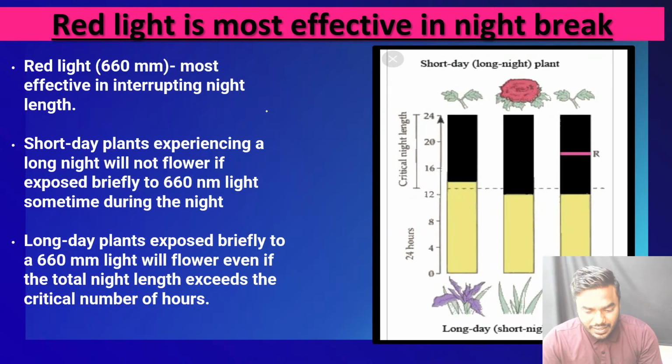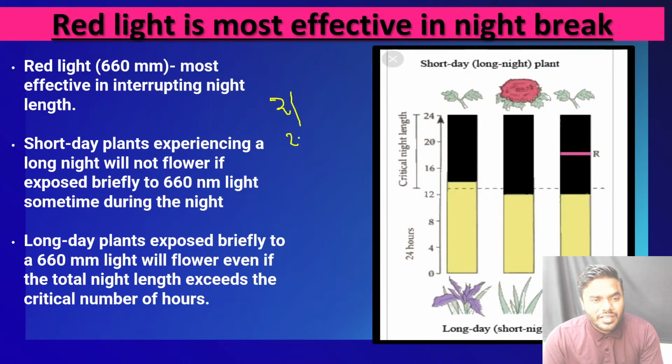Today evening, which unit are we going to start next? Sumaya, I am going to start unit 1. There is a little concept of photoperiodism left. It will just take 20-25 minutes. I'll finish it. After that, I want to solve all the papers of CSIR, especially 21, 20, 19, 18.